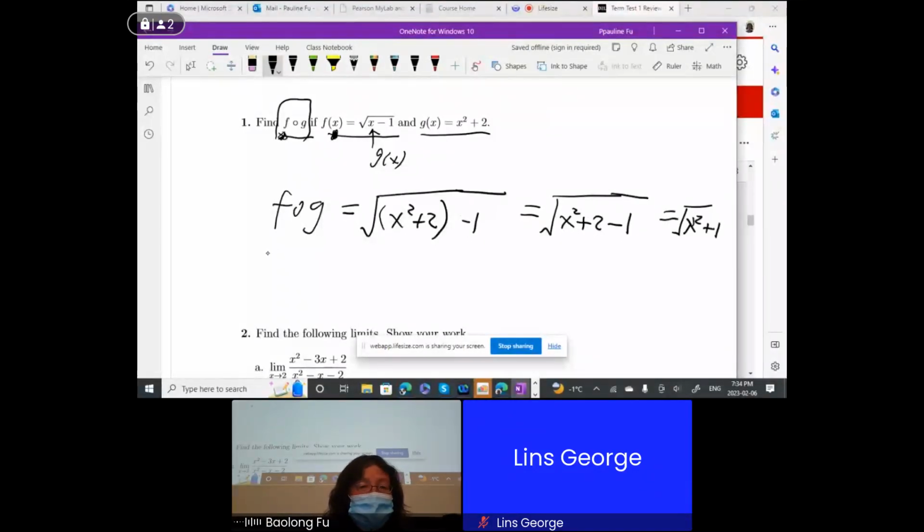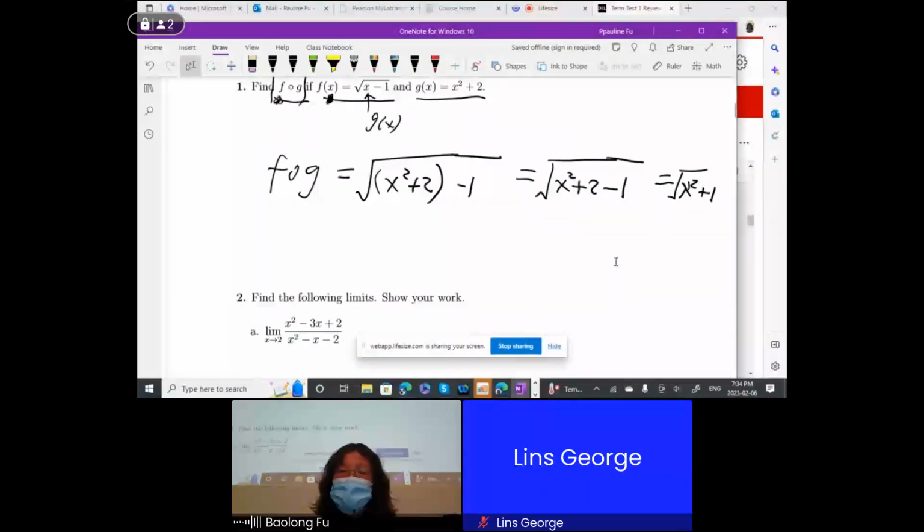Okay, next I will do g composite f. Yes, questions? Could you not simplify that further by just putting the square root over the 1, because the square root of x squared is just x? Thank you, but that is a big mistake if you do that. But thank you for raising that question.